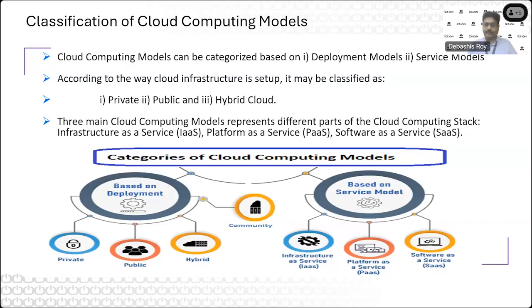Based on the service model, we say that it is infrastructure as a service, platform as a service, or software as a service. When we talk about infrastructure as a service, it means it is providing us the infrastructure. Now, what is infrastructure?